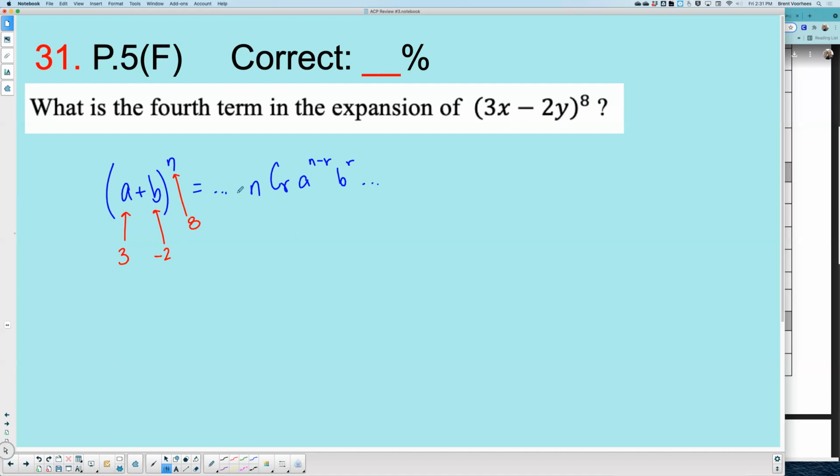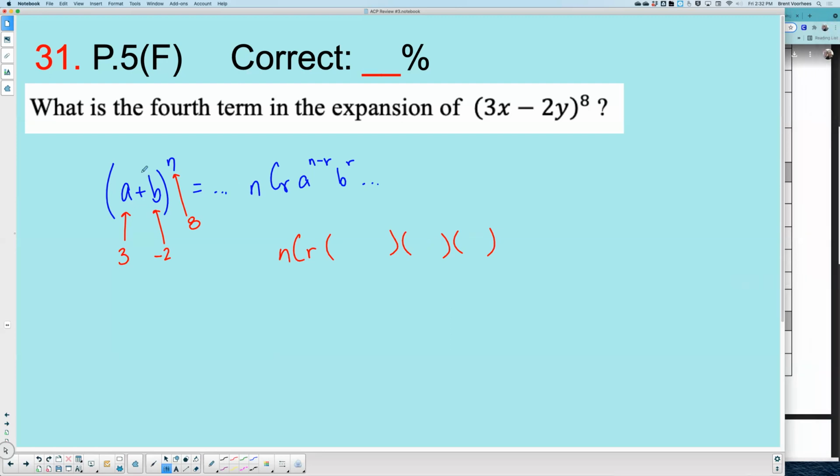Okay, once you identify those values, here's how we'll type this in the calculator. You will type a lowercase n, a capital C, a lowercase n, and then 3 parentheses. The first parenthesis represents the nCr, the second parenthesis the a, and the third parenthesis the b.